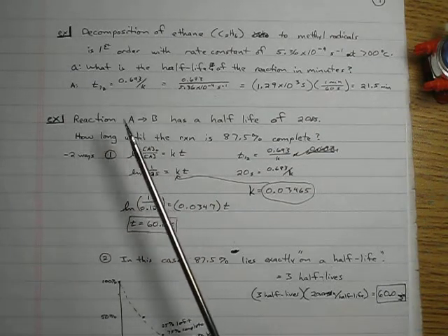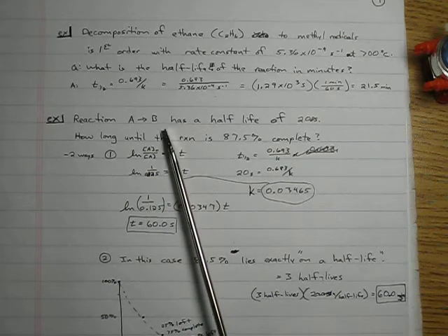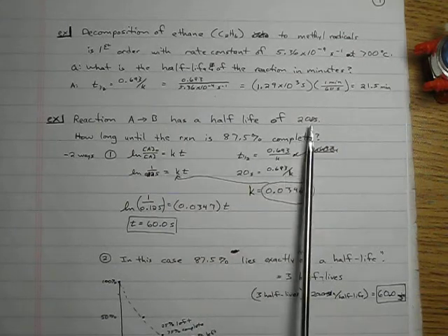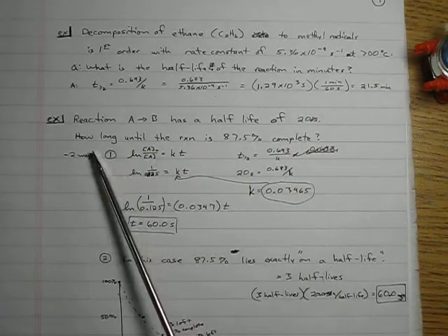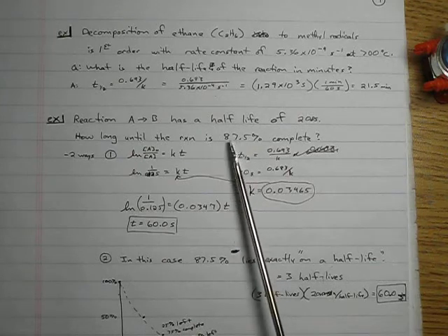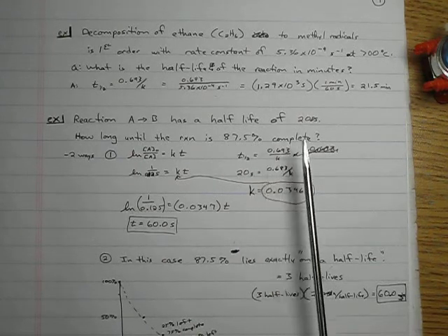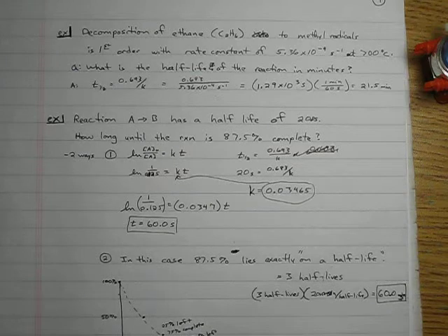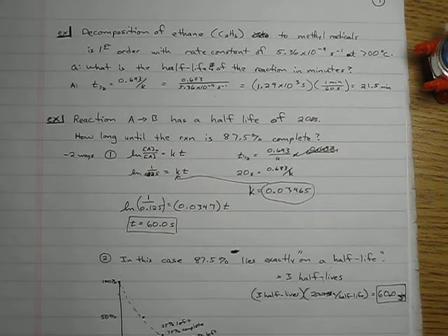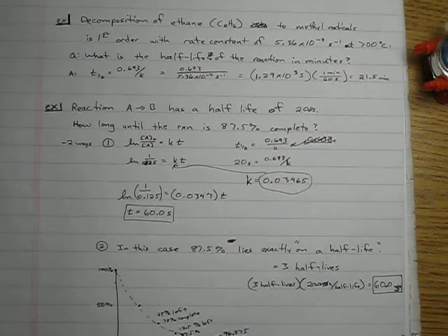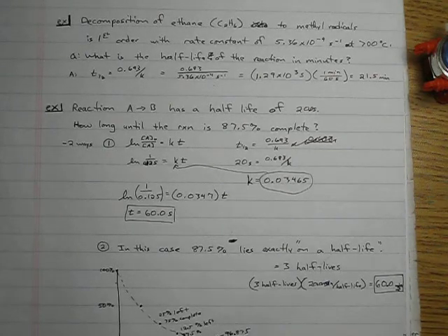Let's look at the reaction of A goes to B, which has a half-life of 20.0 seconds. Question, how long until the reaction is 87.5% complete? Note, if it's 87.5% complete, that means 87.5% of our starting material has been converted into product.